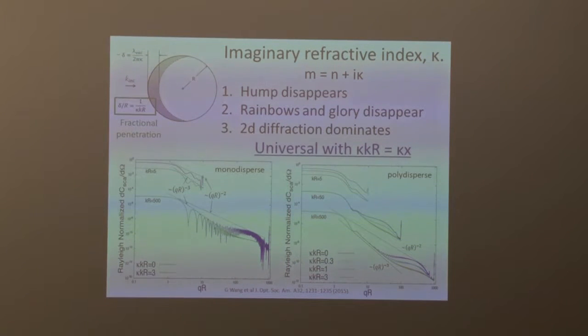Quite small, actually. On the other hand, for kappa KR to be equal to 1 for KR equals 50, the same effect, then kappa is only 1/50th. The point being, it's not the magnitude of kappa that determines how the system changes. It's the magnitude of the product with the size parameter.